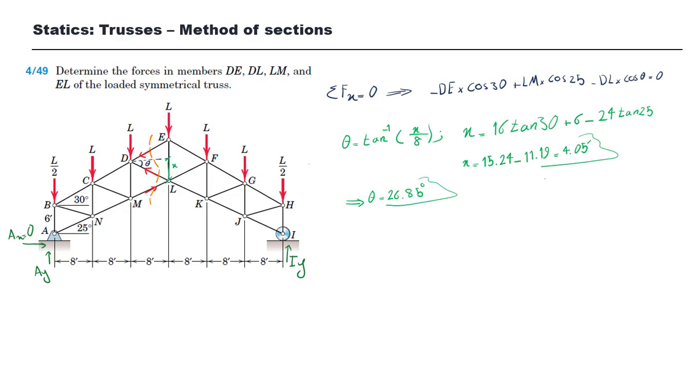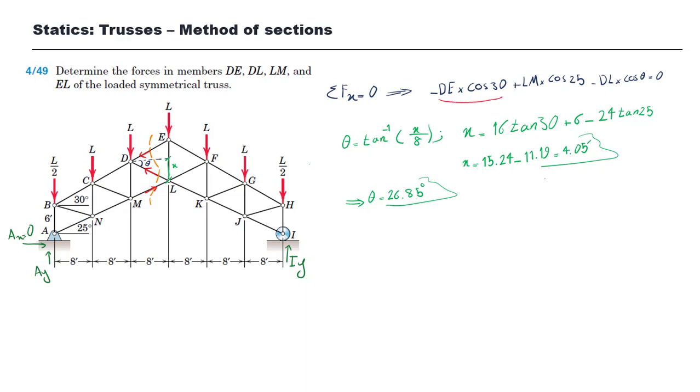By knowing our two unknowns, which were dE and Lm, we can determine our third unknown, which is dl, by writing an equilibrium equation along the x direction, or similarly the y direction. As you can see, all of our three internal forces have horizontal components.